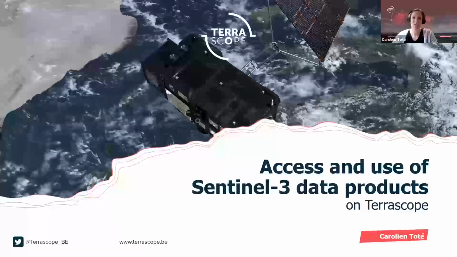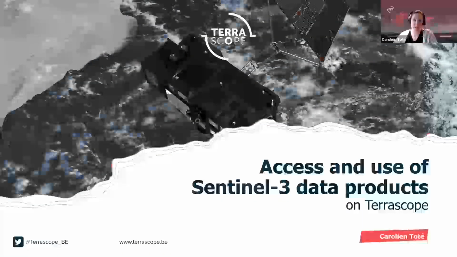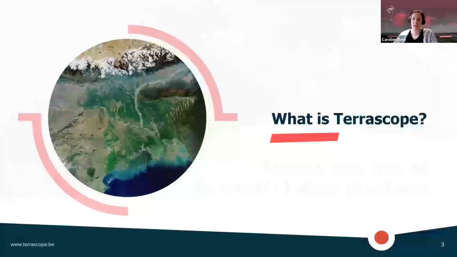Thank you, Jurgen, for the introduction. So welcome again to this webinar on the access and use of Sentinel-3 data products on Terrascope. As an introduction, I would like to shortly touch on the subject, what is Terrascope? So Terrascope is a collaborative ground segment for the Copernicus Sentinel missions. The project is funded by the Belgian Science Policy and has as a main goal to make satellite data easily accessible for a wide range of users.